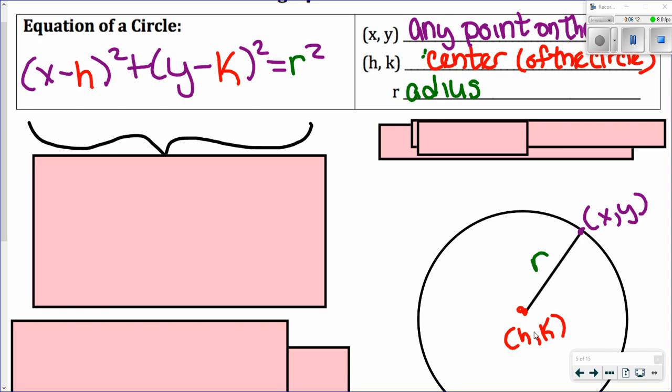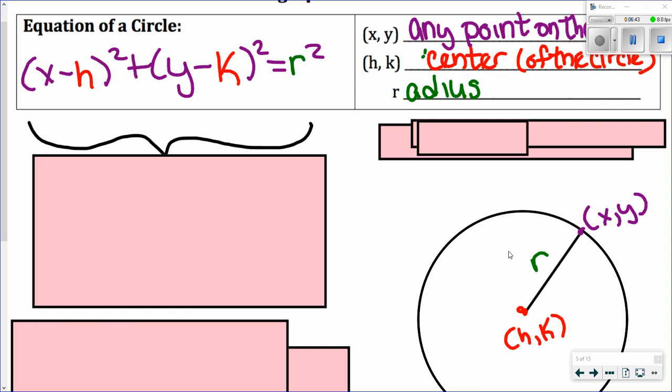Now, if you were to look at this to understand where this comes from, think about when we have to find the distance between 2 points. Notice that we have our x values that we subtracted and then squared, and then we have our y values that we subtracted and then squared, and it's underneath the square root, and that gives us the distance. This is where that formula comes from, but we're doing it with circles.